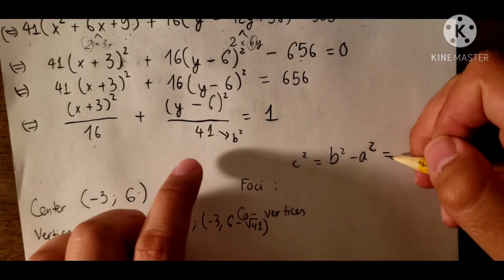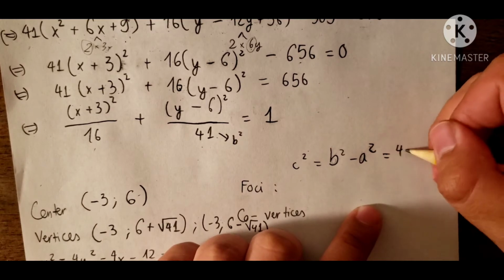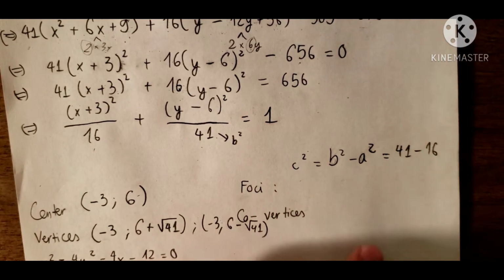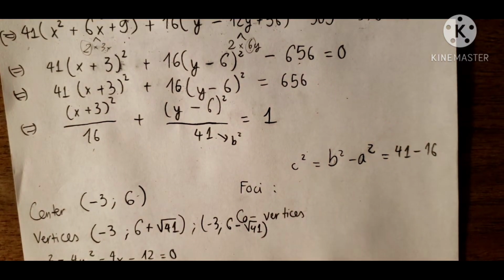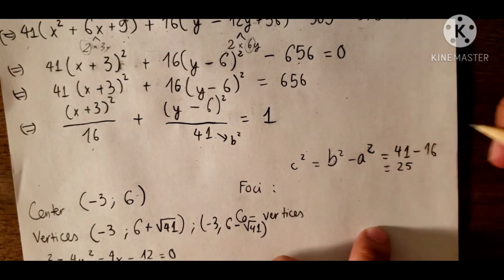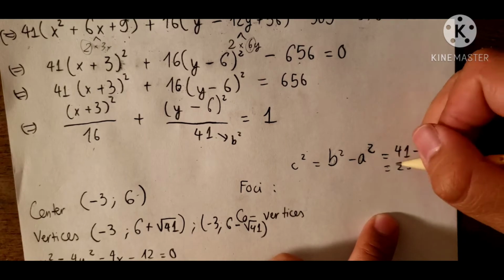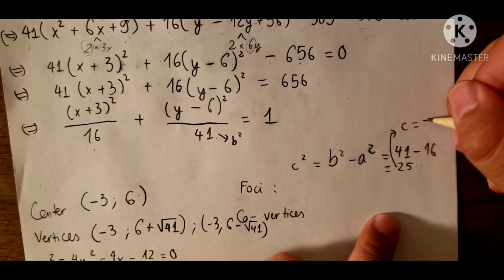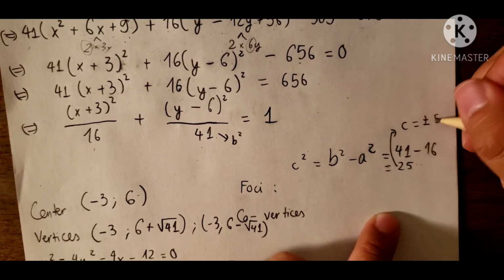We have 41 minus 16, you get 25. So the c here should be plus or minus 5.